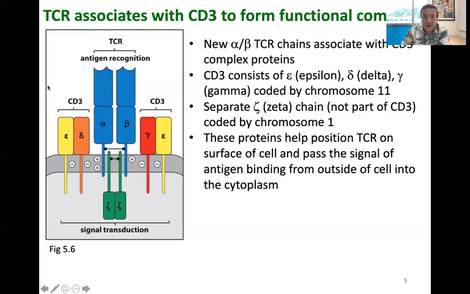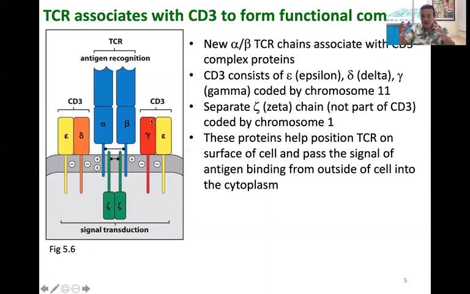Therefore, a functional T cell receptor is associated with these other proteins, these yellow, orange, and red proteins that are known as the CD3 complexes. So each of these have an epsilon, a delta. On this side, you see a gamma and an epsilon.